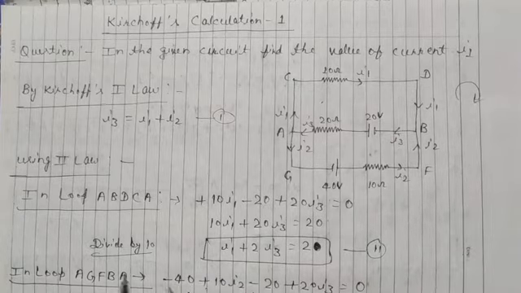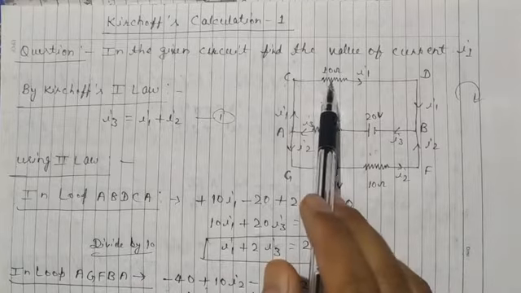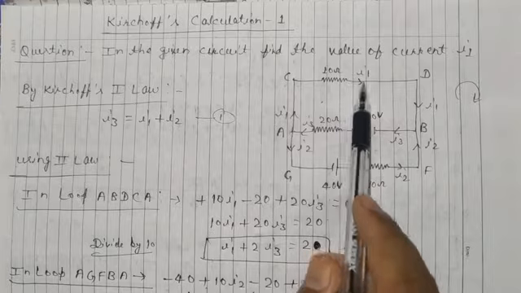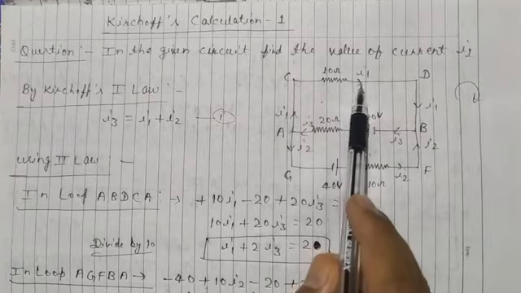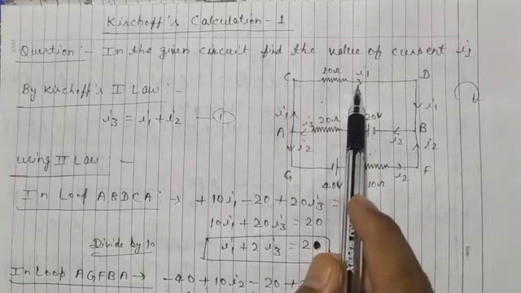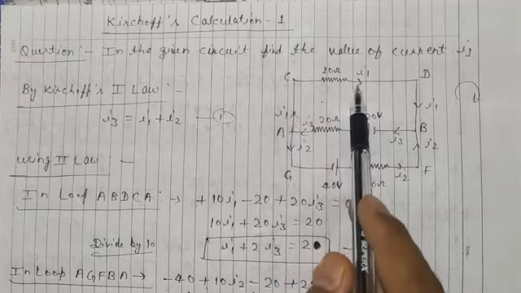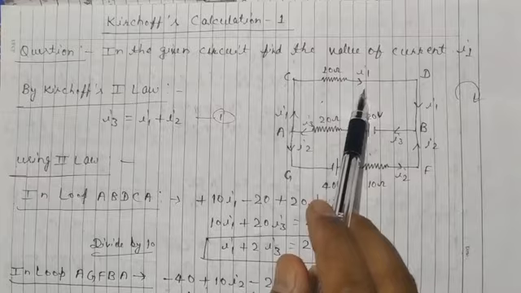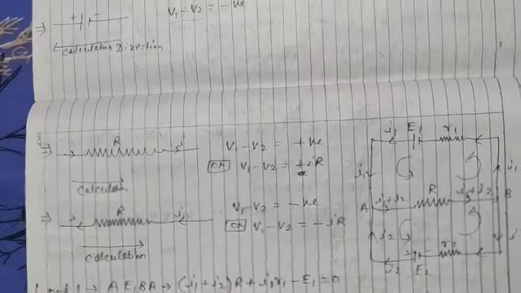In this resistance, direction of current is here. This is direction of current, and direction of calculation is here, same. So potential difference here is positive according to rule.